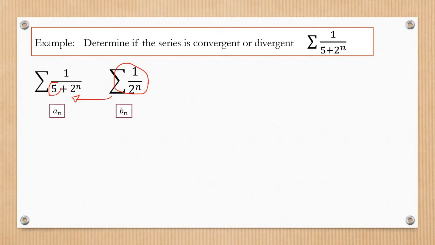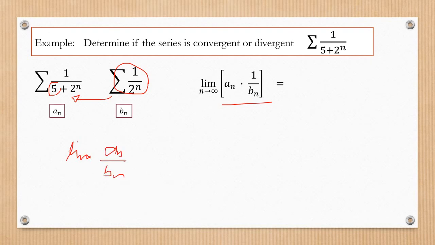Therefore, we get the limit of An times 1 over Bn. Instead of writing it as An over Bn, I separate the An and the 1 over Bn, so it is clearer when we evaluate it.